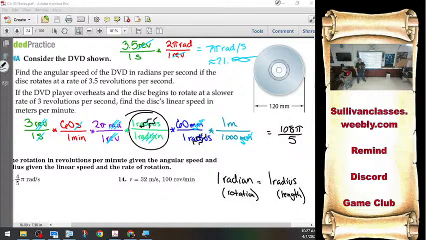Yes, ma'am. So from yesterday, is it just the same thing? I said 1 radian equals 1 rotation. No. A rotation is 2 pi radians. A rotation is all the way around the circle. Yeah, but all the way around the circle is 2 pi radians.